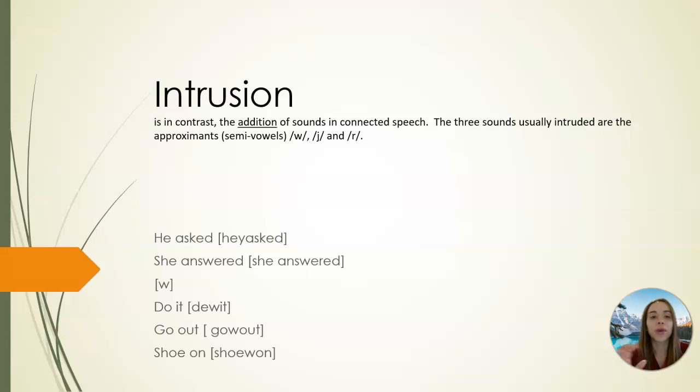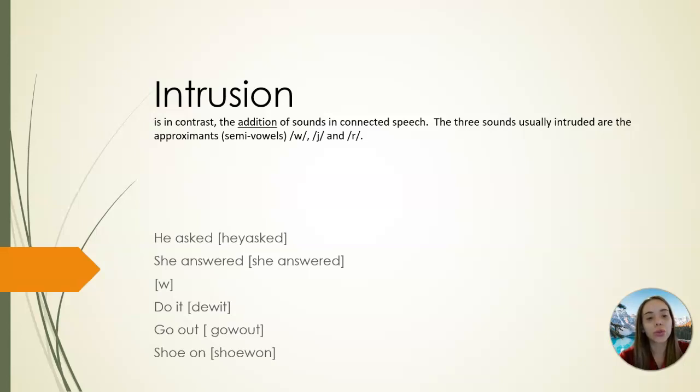We can sound like we have a W, a J, and an R. Okay, so the first example that we have: he asked, he answered, she answered. And here you can hear very clearly the W.